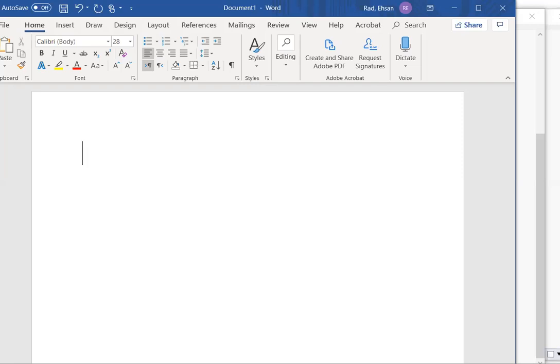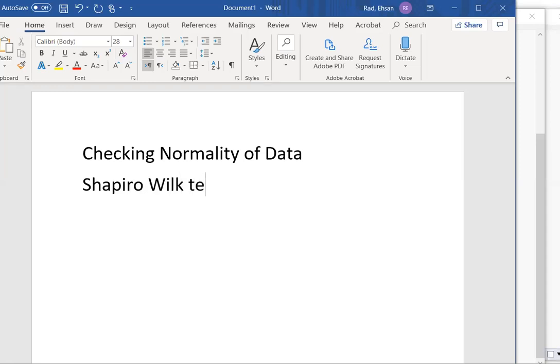So, checking normality of data. In this case for residuals, but it doesn't matter whether it's residuals or any other data, when you want to check normality using Shapiro-Wilk, the Shapiro-Wilk test has a p-value, right?